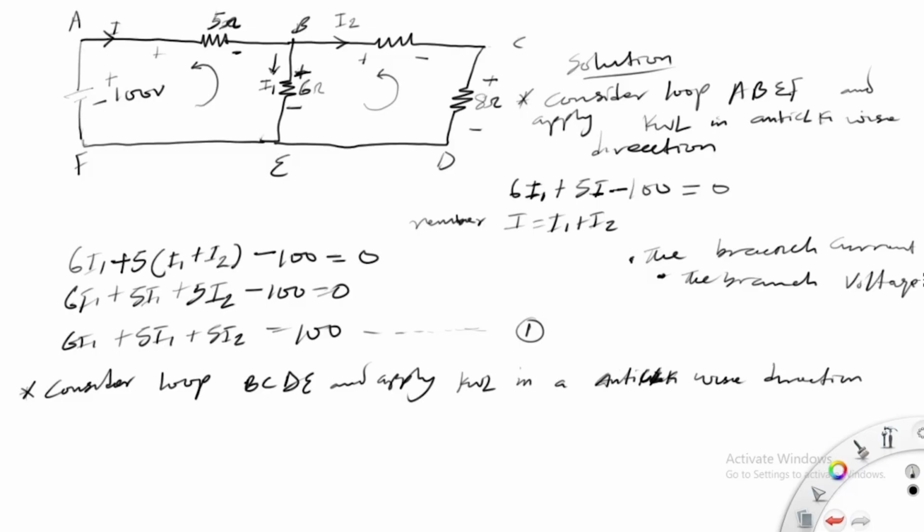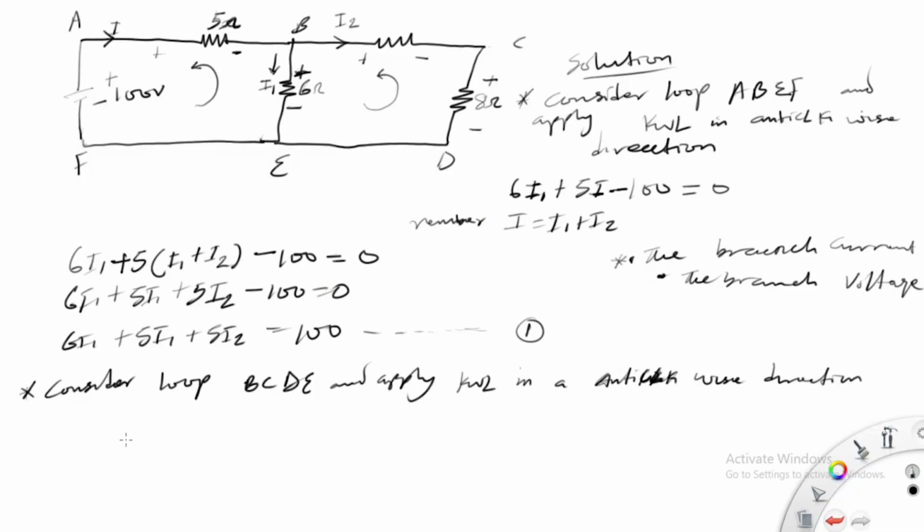But since we have solved for the branch current and the branch voltage in our previous class, in this class I will just solve for the branch current, because the procedure is still the same, but I would just like to show you how it is solved in an anti-clockwise direction. For this class, I will just solve the branch current, and then I will solve for the branch voltages. So let's now go further.